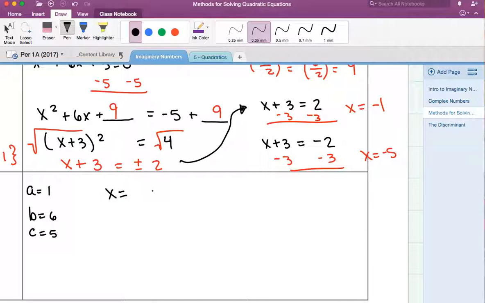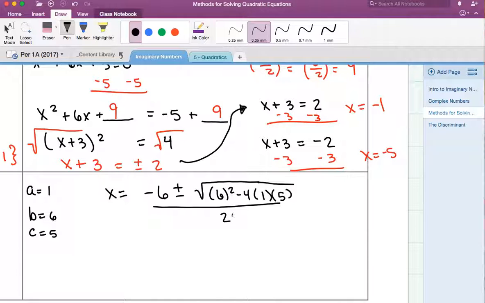X equals -6 plus and minus square root of 6 squared minus 4 times 1 times 5, all divided by 2 times 1.